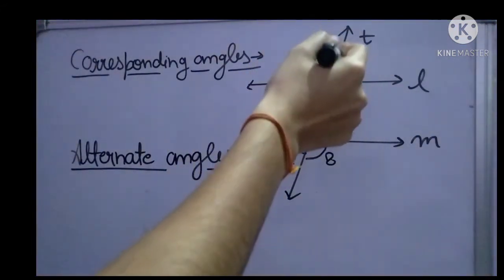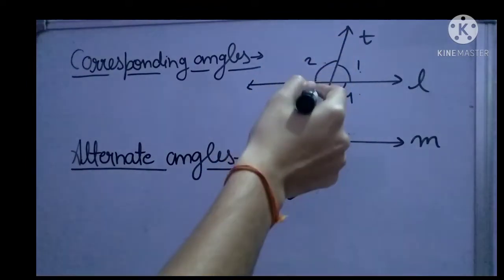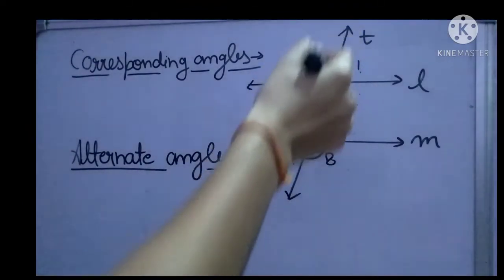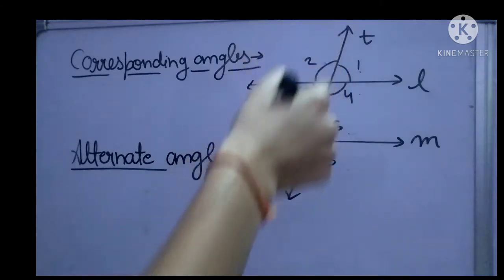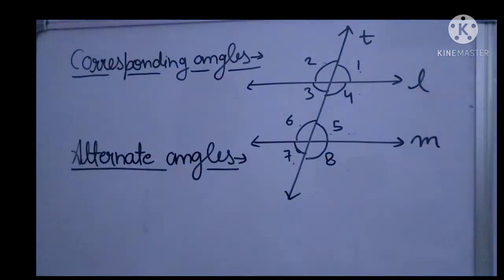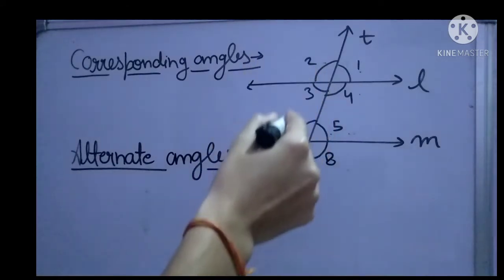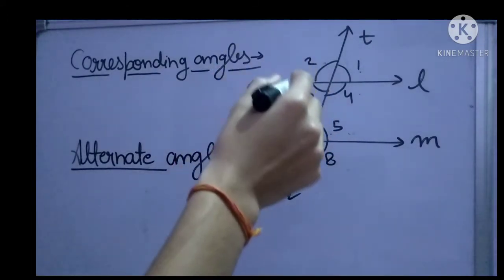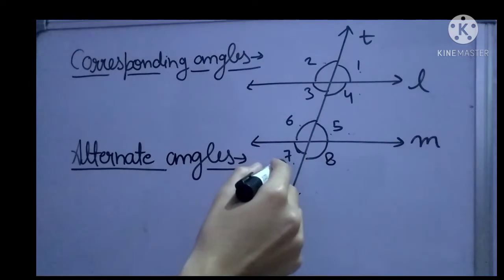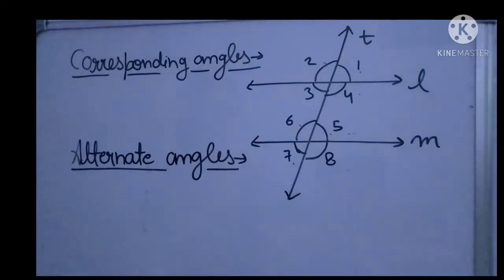Same on this side, angles 2, 3, 6 and 7 are on the same side of transversal T. Angle 2 and angle 6, one is exterior and the second is interior. Similarly angle 3 and angle 7 are called corresponding angles.